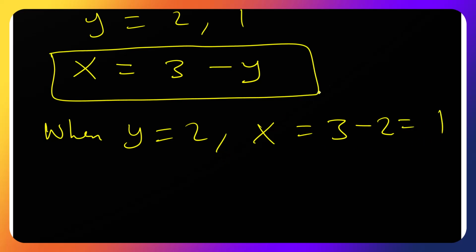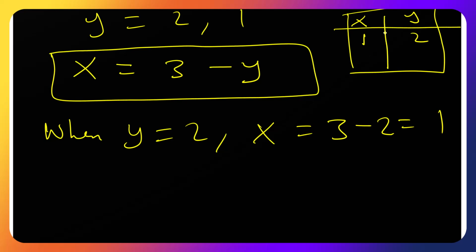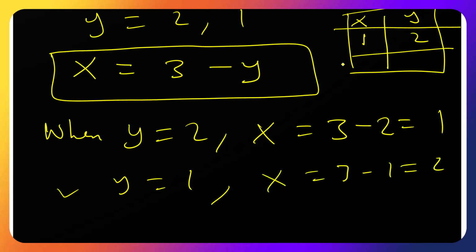So that we can have a table, x, y. When x is 1, y is 2. And when y is 1, x will be 2. So 2, 1.